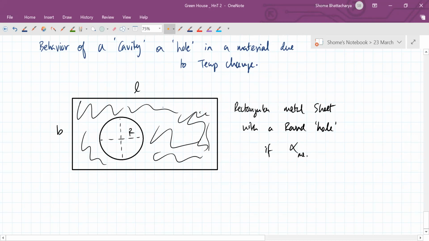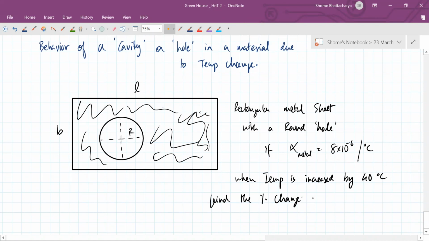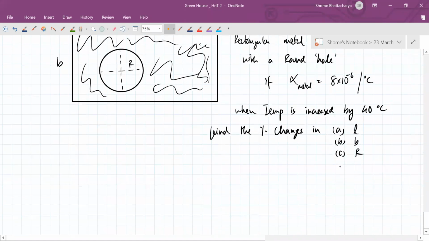So if alpha for the metal is equal to 8 into 10 raised to the power minus 6 per degree C, when the temperature is increased by 40 degrees C, we want to find the percentage change in length, width, radius of the hole, and surface area of the metal sheet, and also the area of the round hole. Okay.